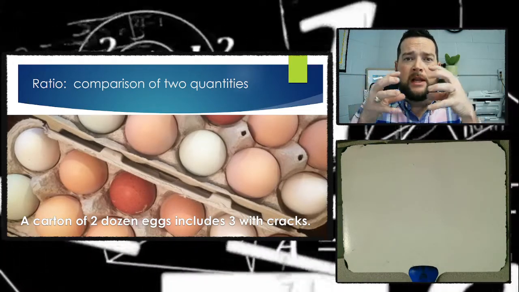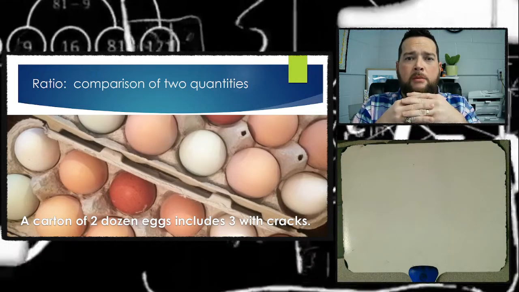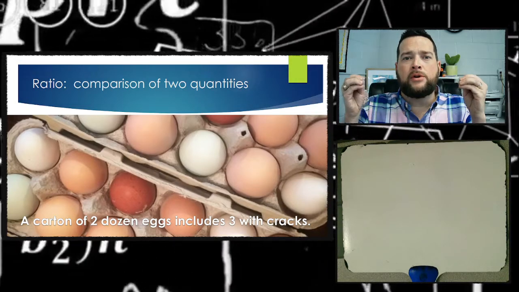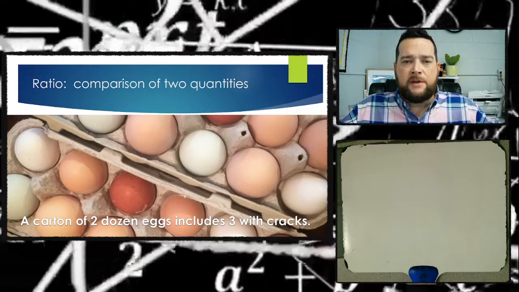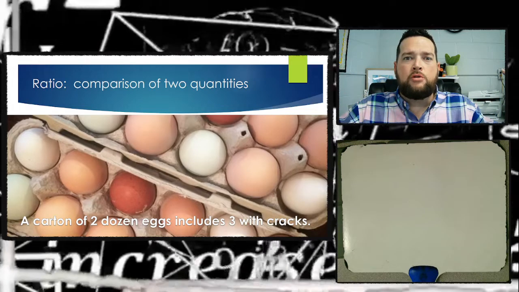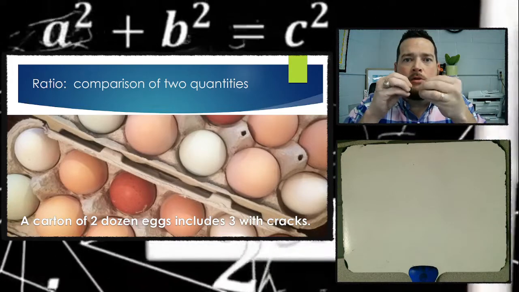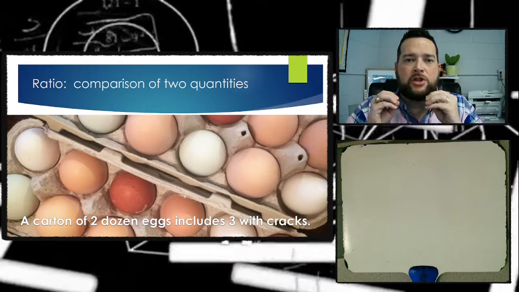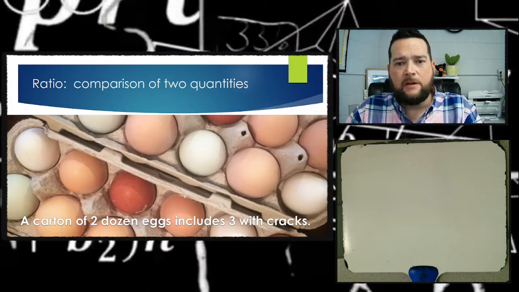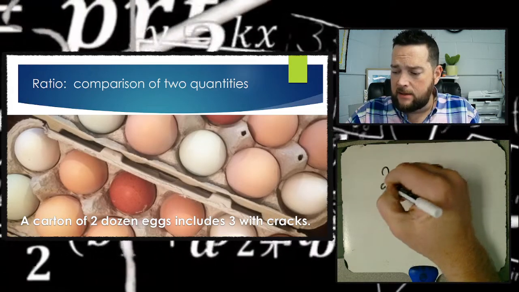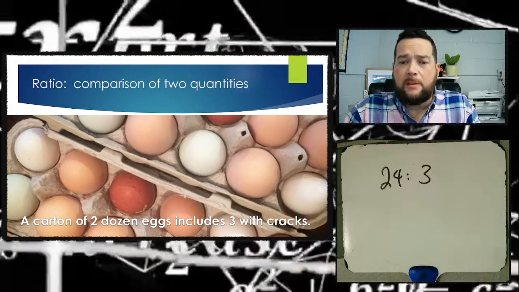Now there's a relationship between those two numbers. When you have two numbers that are different in concept, but you bring them together through some kind of relationship, now it becomes a ratio.